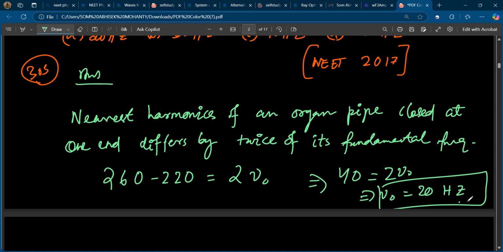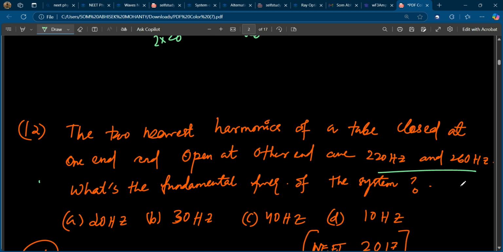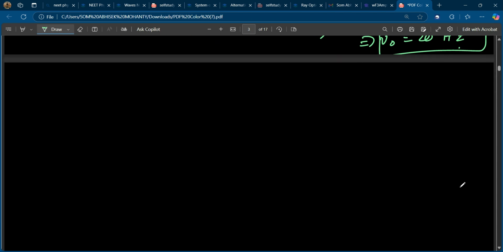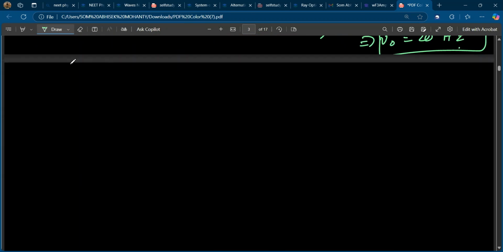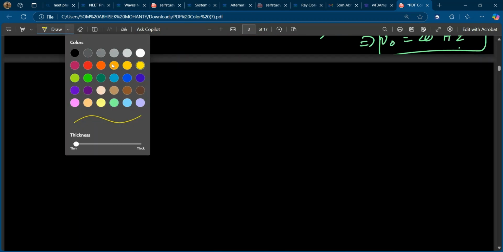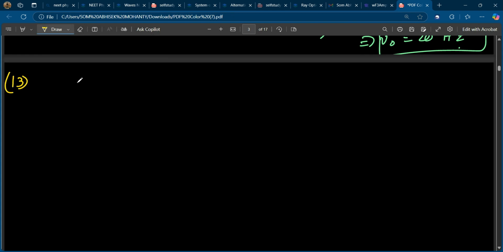Next question is a Doppler effect question, which comes regularly in NEET exams. Question number 13.